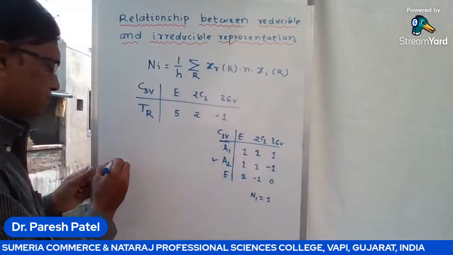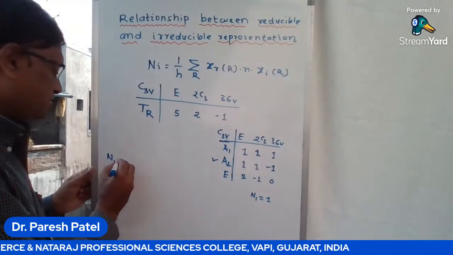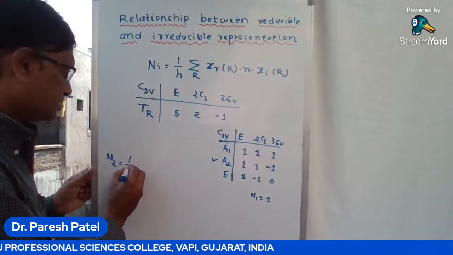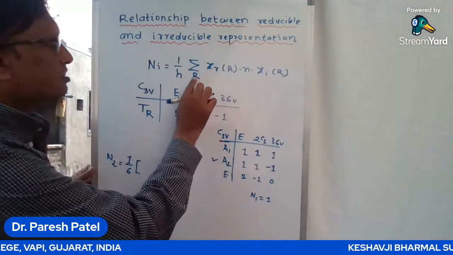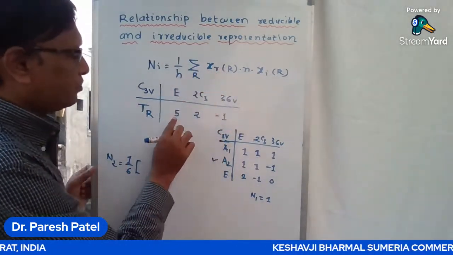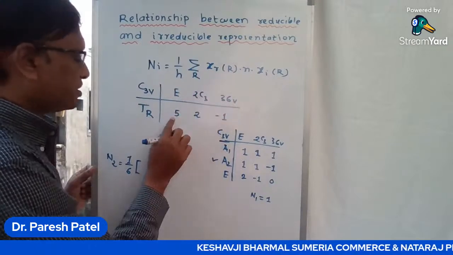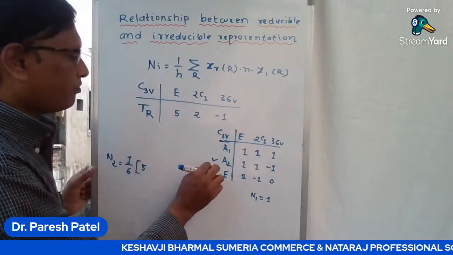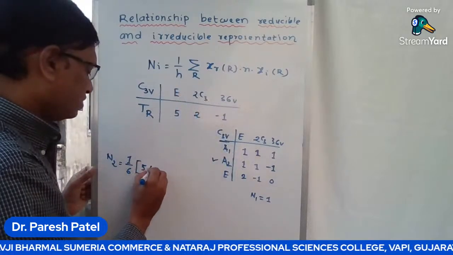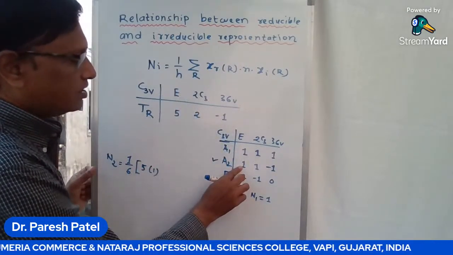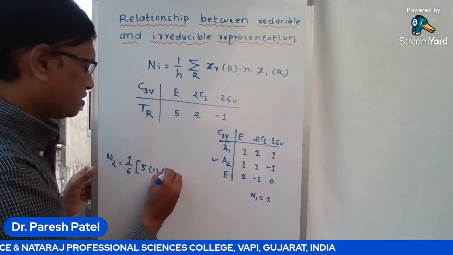Now, the second one is A2. N2 is equal to 1 upon 6, where the order of the group is equal to 6. Now, summation of the character R. The value for the character R is 5. The number of symmetry operations is 1, and the character for the irreducible representation is 1.